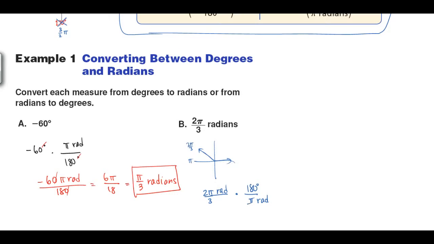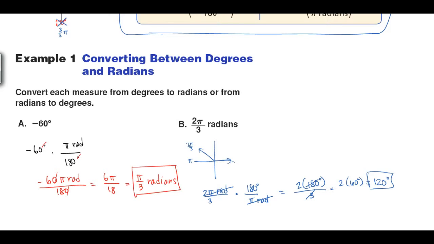And you'll notice that pi radians cancels pi radians. And the next thing you know, I got 2 times 180 degrees all over 3. Now, at this point, if you want, multiply the 2 and the 180 together. If you don't want to, you want to reduce, that's fine too. 2 times 60 degrees, and you have 120 degrees, and you know exactly where it is now. You could graph it. And that's the joy.